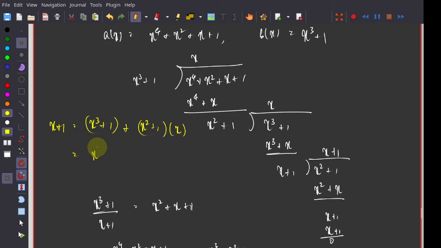This is x cube plus 1 plus x square plus 1: this polynomial minus this polynomial into this. So it is x to the 4 plus x square plus x plus 1 minus x into x cube plus 1 times x.